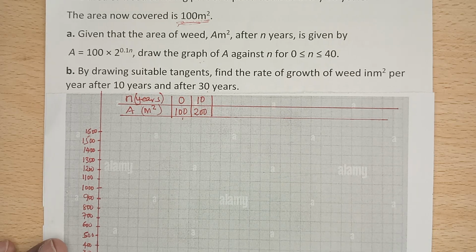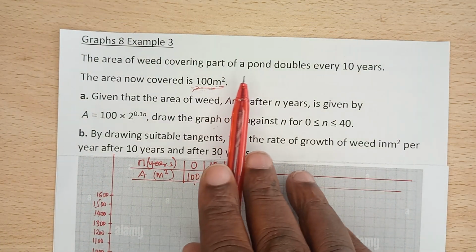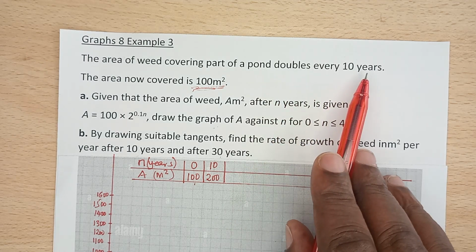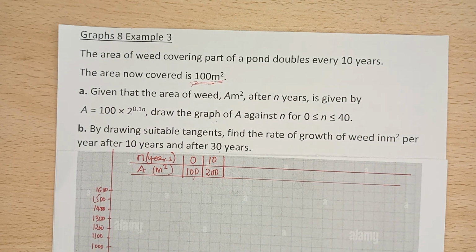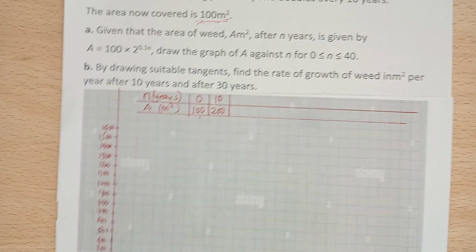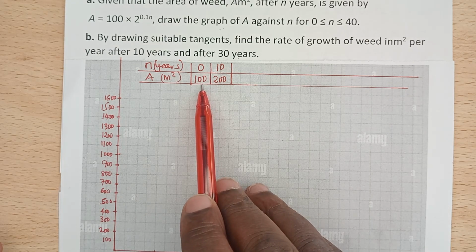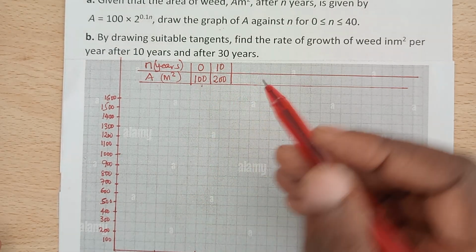And we are told that the area of weed covering part of a pond doubles every 10 years. So after every 10 years, we are doubling the area. No wonder when n is 0, the area is 100. After 10 years, the area doubles.